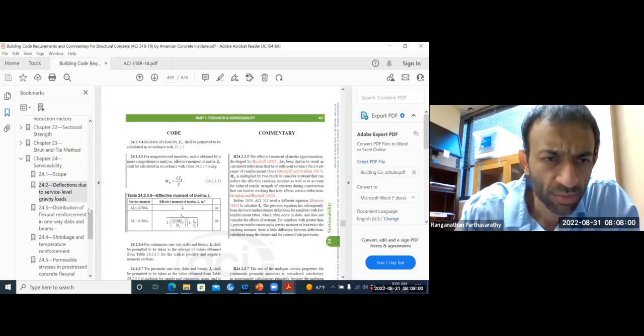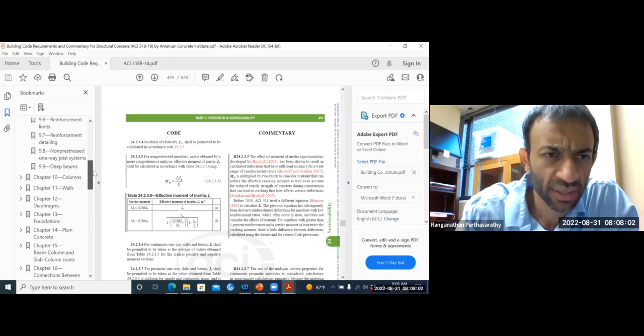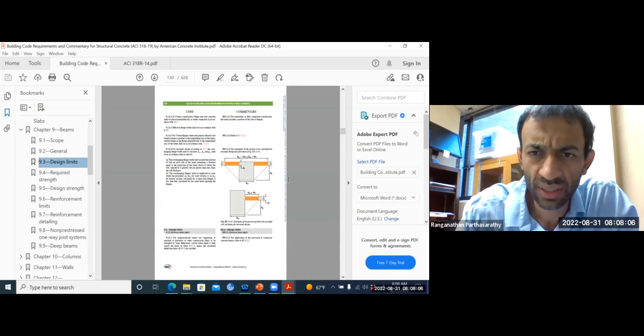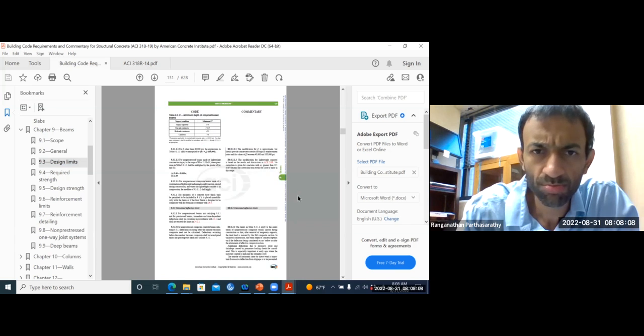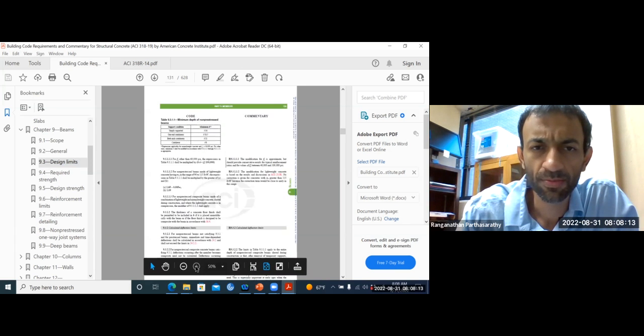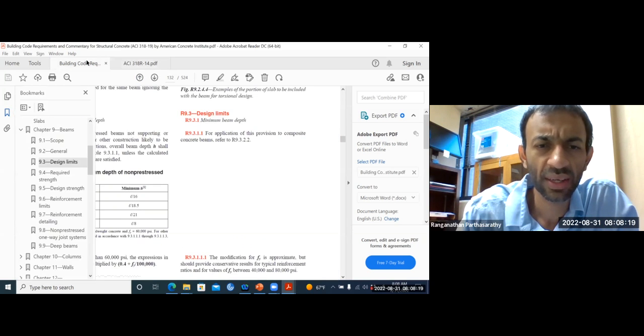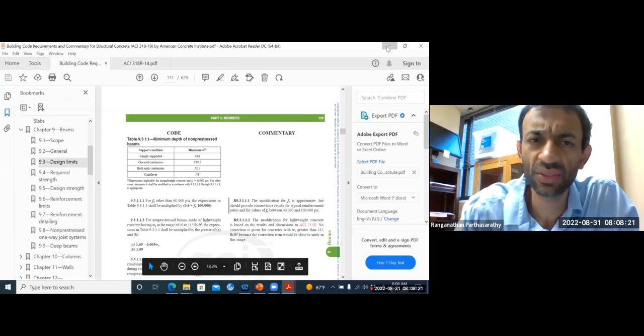I think this is more or less the same, but they might have become more stringent. No, this one has not changed. L over 16 for simply supported, and for continuous, L over 18.5, 21 and 8. So this one has not changed.